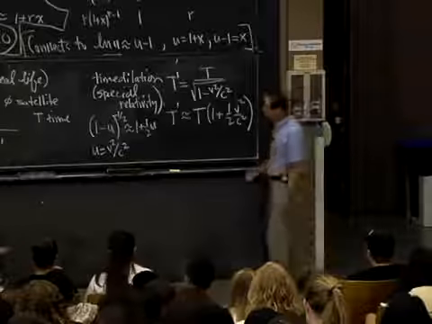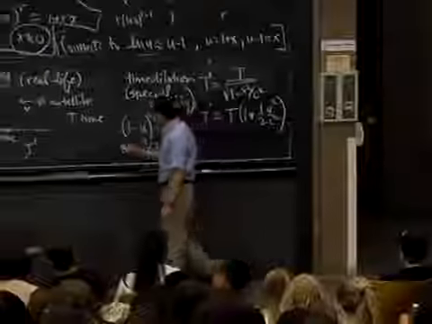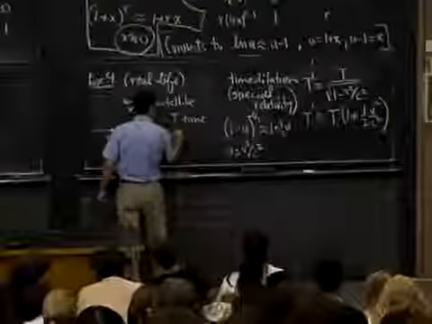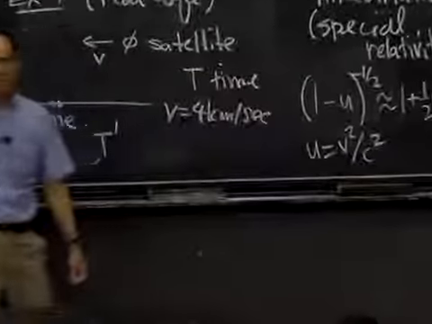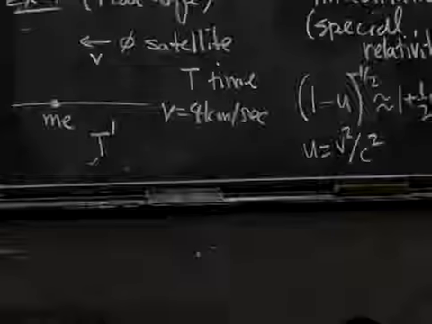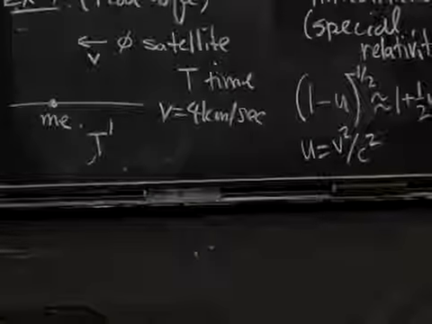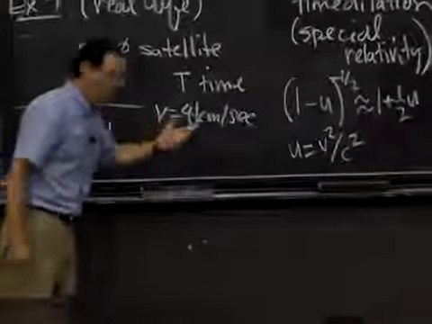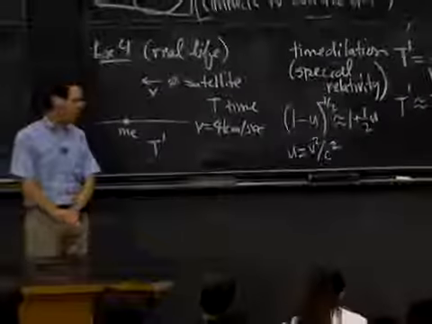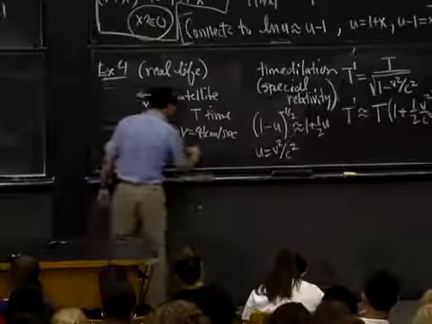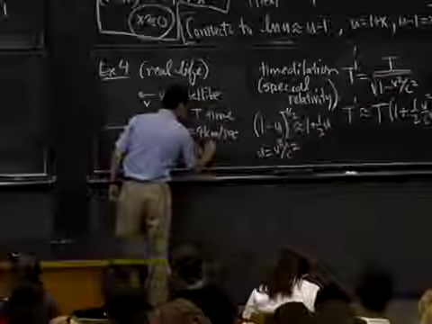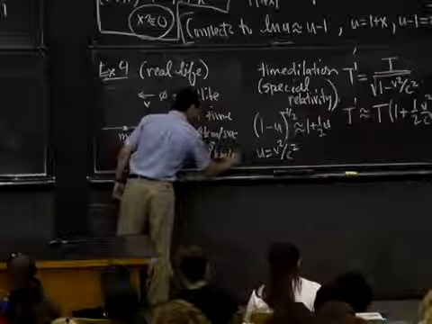In this case, what actually happens is that v is about 4 kilometers per second. That's how fast the GPS satellites actually go. In fact, they had to decide to put them at a certain altitude, and they could have tweaked this if they had put them at different places. Anyway, the speed of light is 3 times 10 to the 5th kilometers per second.